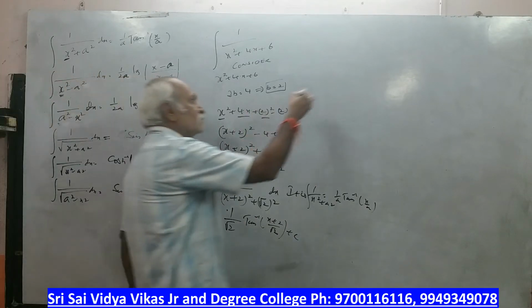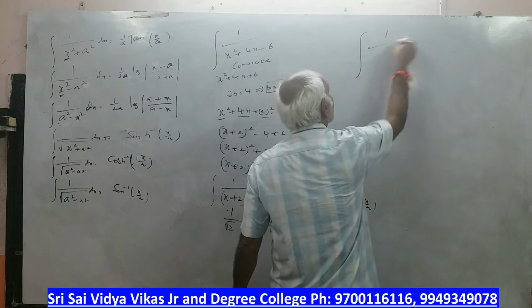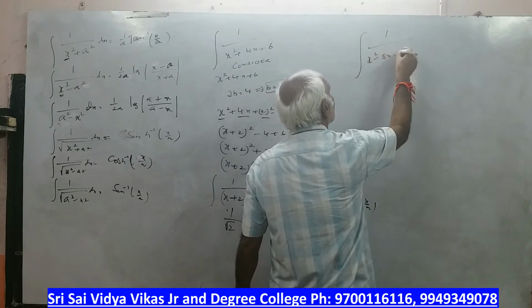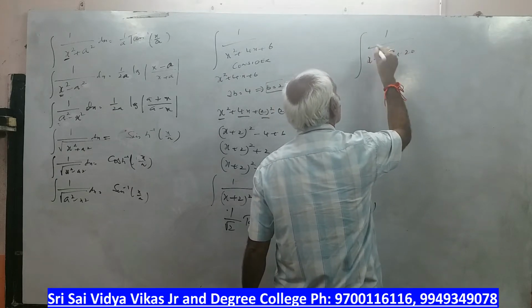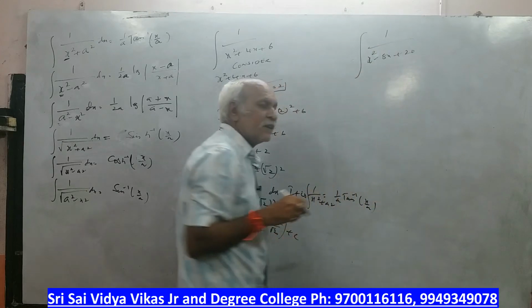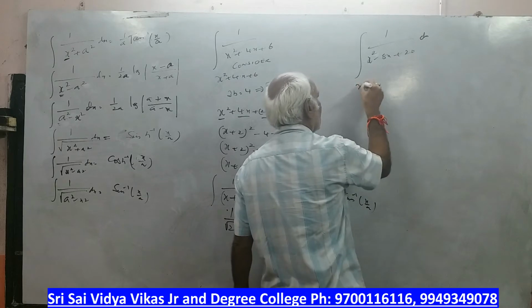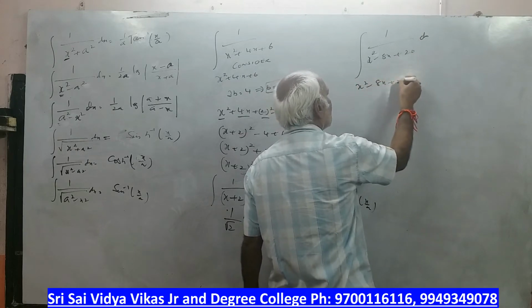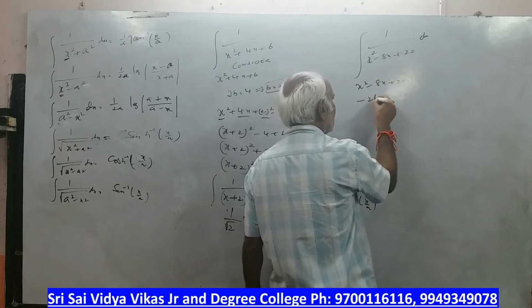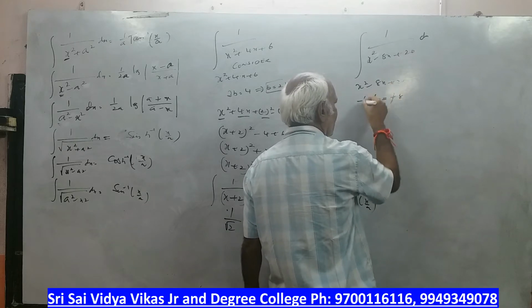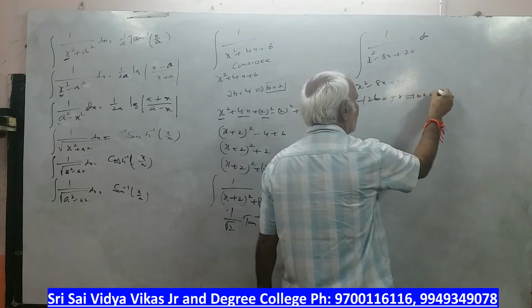For example, x² − 8x + 20 is there. Observe here. Again I have to write 2b is equal to minus 8. Here the minus sign is there. So what is the b value? 4.